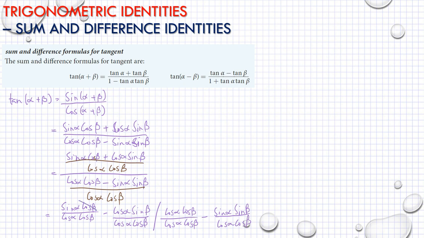Then cosine beta here, like what I said, is 1. They will be cancelled.